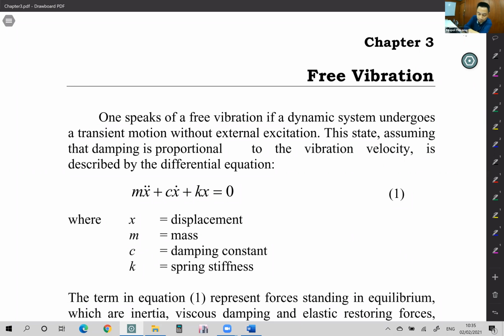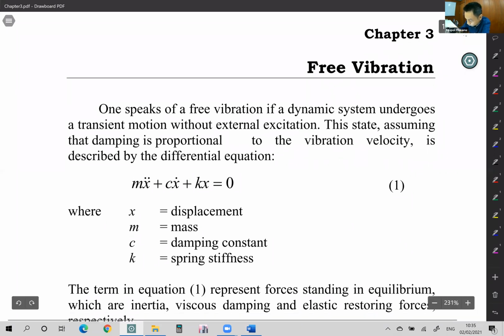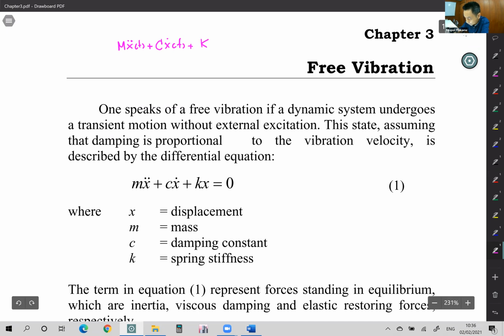However, such ordinary differential equations take a form like this: M x double dot plus, I'm sorry, the damping term, C x dot, plus K x equal to f of time t.